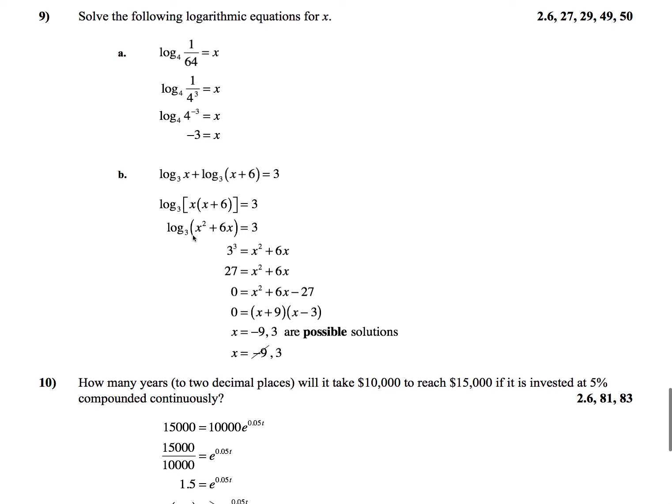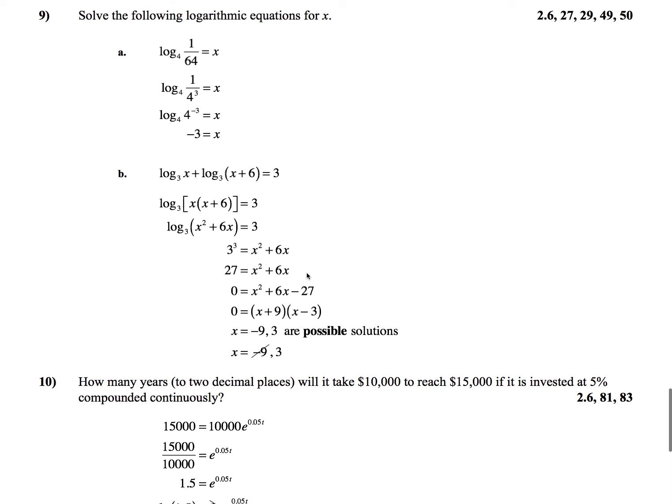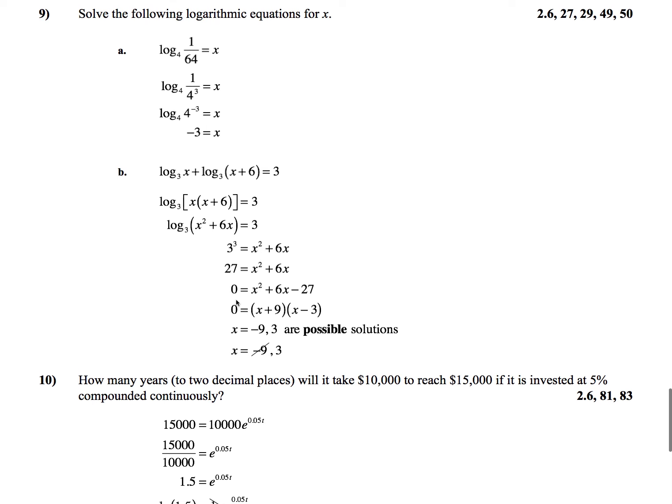So log base 3 of this argument equals 3 is the same as 3 raised to the third equal to this argument. Well, 3 cubed is 27. When we subtract 27 from both sides, lo and behold, we have a quadratic trinomial, and when we factor that, our two factors are x plus 9 and x minus 3.